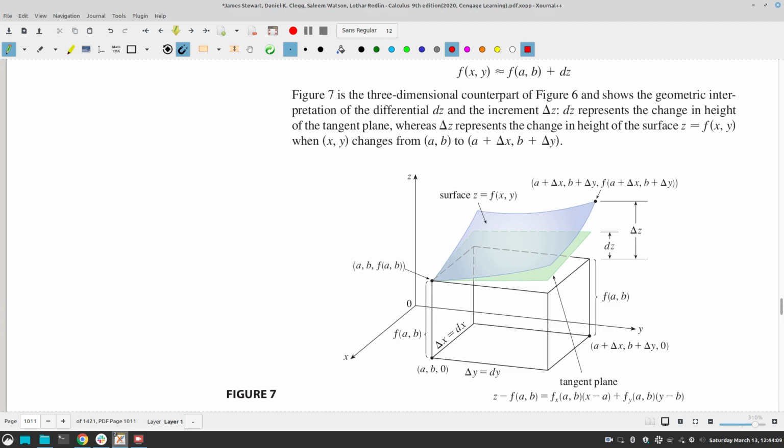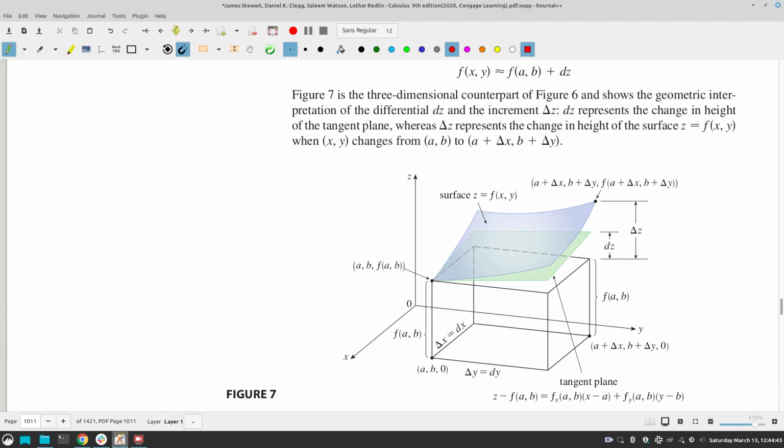But let's say you're not able to find the exact value, so you want to find an approximate value. So what do you do? You use the linearization, the tangent plane. If the changes delta x and delta y are very small, the change in z can be approximated by the change in the tangent plane.